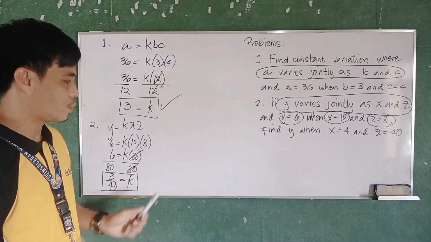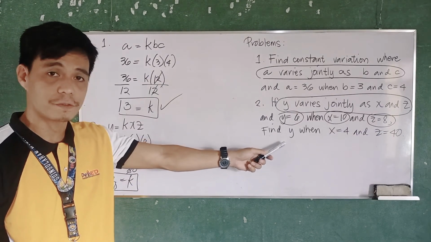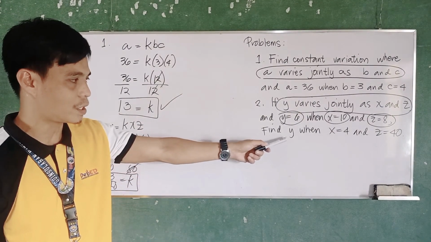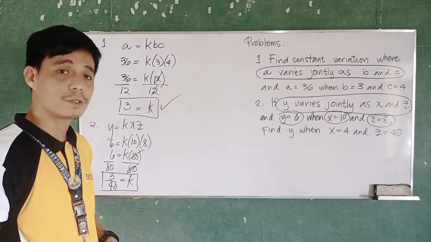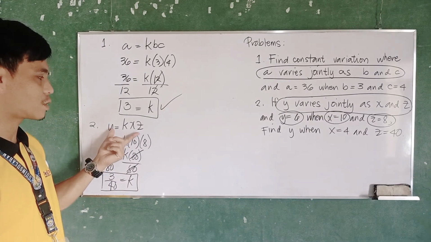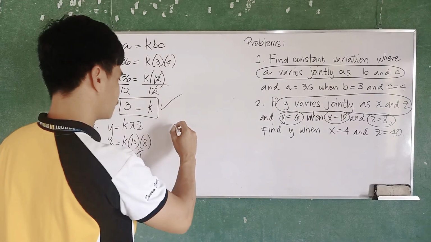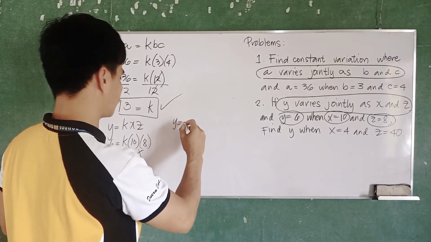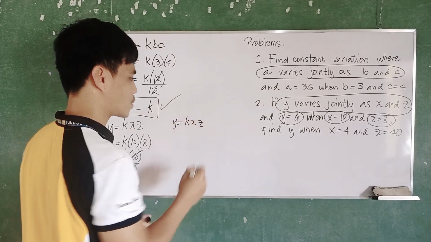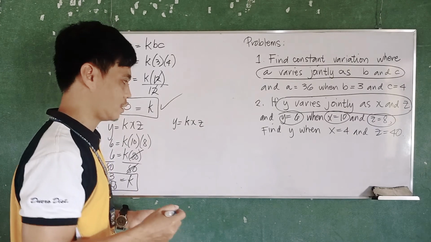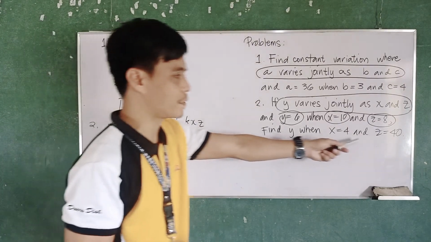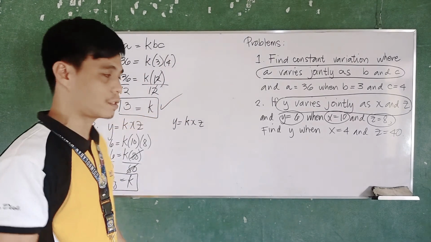So therefore, we have to solve for the second situation. Okay, so your y is missing when your x is 4 and your z is 40. So what we will do, guys, is we use the same symbol. So therefore, we use y is equal to k times x and z. So we substitute the value of your x and z there.